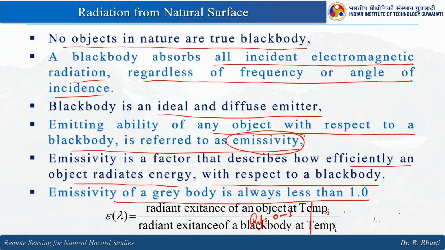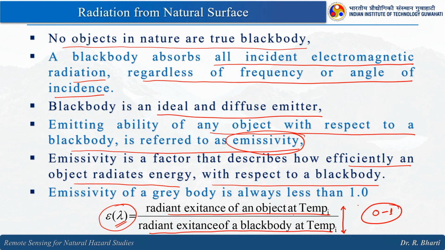This equation can be used to calculate the emissivity of a target at a particular wavelength, and here we need two pieces of information: the radiant exitance of an object at temperature T, and the radiant exitance of a black body at temperature T. If we have these two, this value will be between 0 and 1, right.